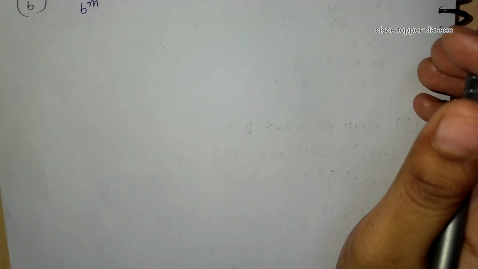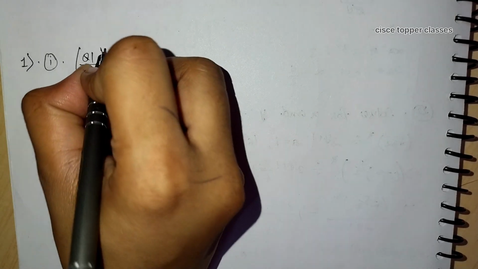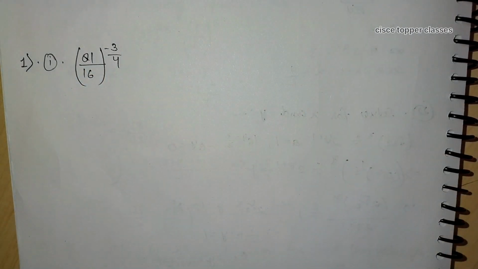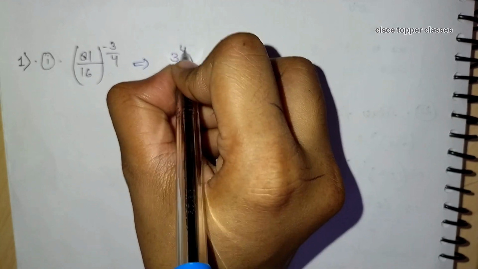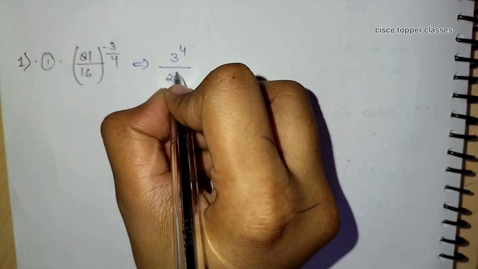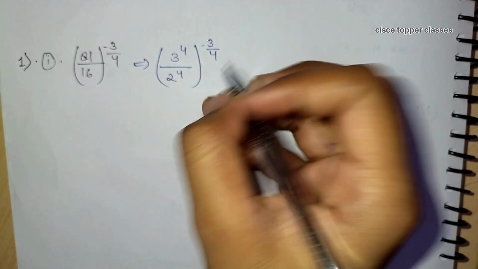Now let us solve here question number 1 of exercise 8. We have to simplify firstly (81/16)^(-3/4). So we can solve it by writing it as (3^4 / 2^4)^(-3/4).